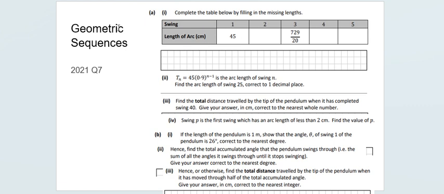The first bit might be a table, or a function, or subbing in, or something like that. So the first part you're just subbing in, filling in the table. Second part, they give you the general term. Actually, you don't even need to work that out, and you're just going to be subbing into it.